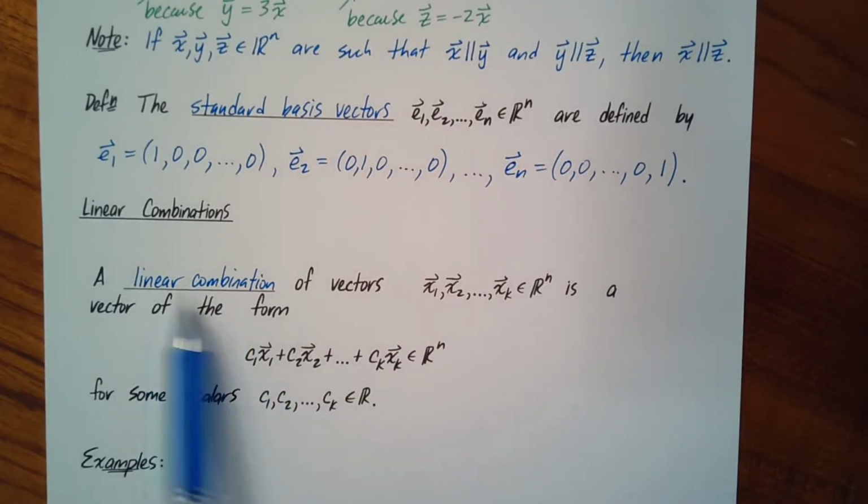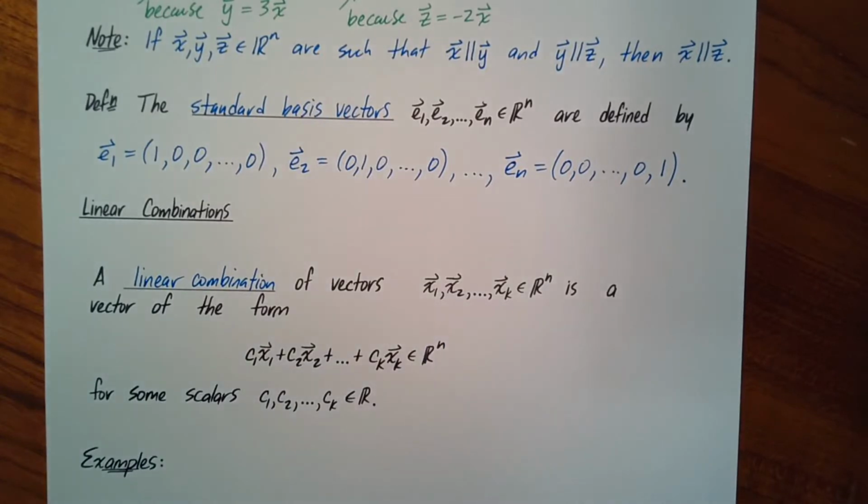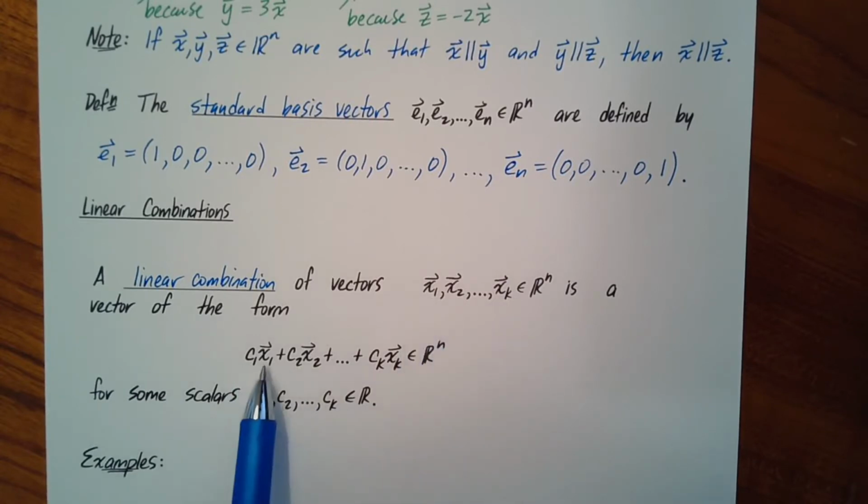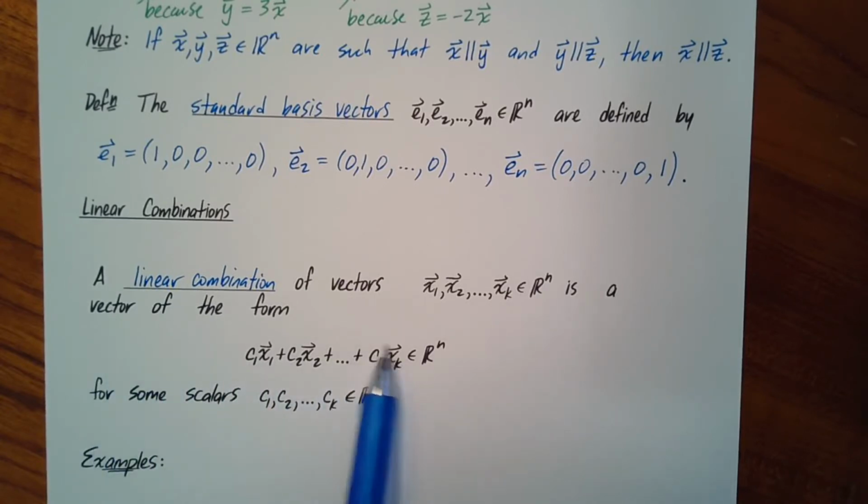So what is a linear combination of these vectors? Well, it's something that you can build in the following way. It's just something that looks like this expression here. And what is this? Well, we've got each one of these vectors in the list, right? And each one of them is multiplied by some scalar, right? So it's anything that you can write in this form for some choice of scalars, C1, C2, all the way up to CK.